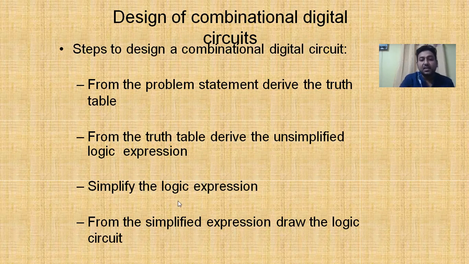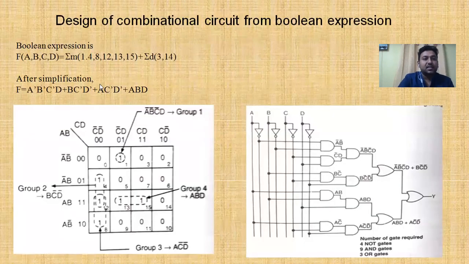Then simplify the logical expression with the help of the K-map. After simplification it will be minimized, and then the minimized version may be converted into the conventional digital circuit. This is an example of how to design a conventional digital circuit from a Boolean expression.